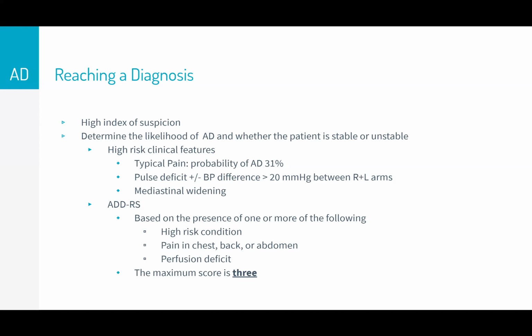So first you have to determine the likelihood of aortic dissection and whether the patient is stable or unstable, because that would affect the urgency of how you will tackle the case. High-risk clinical features: typical pain alone gives a probability of aortic dissection of 31%.